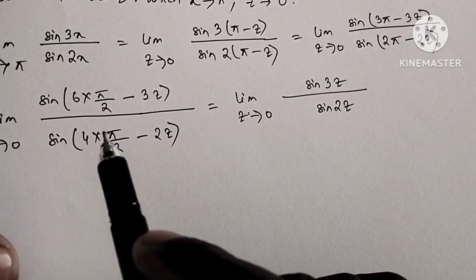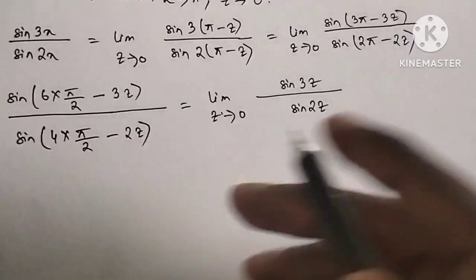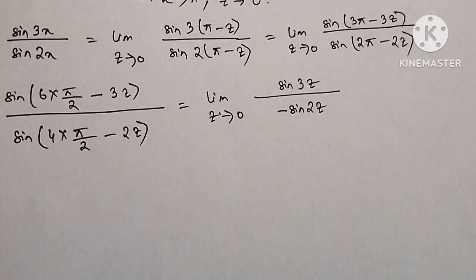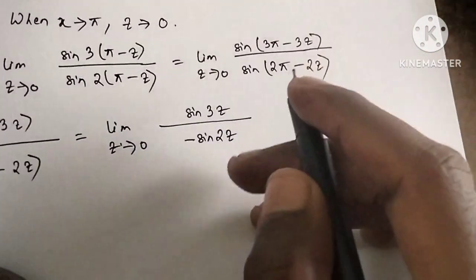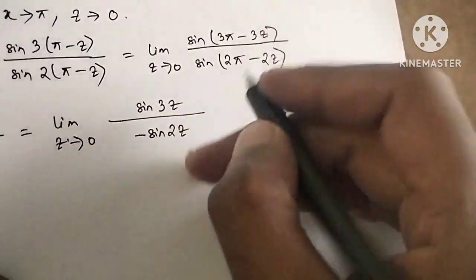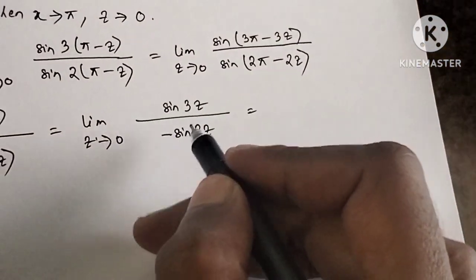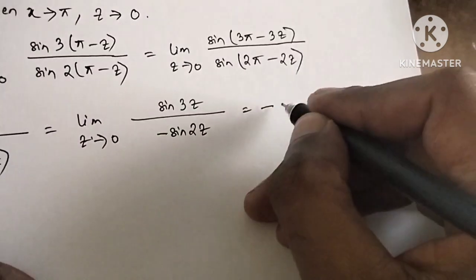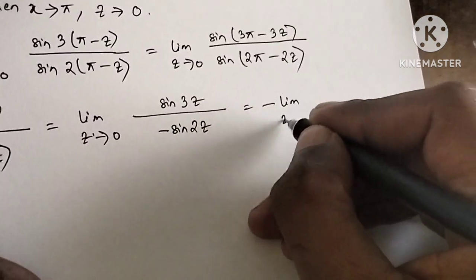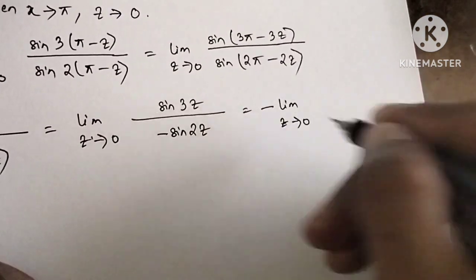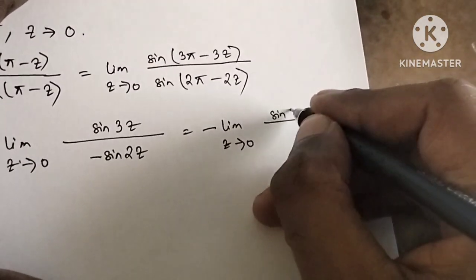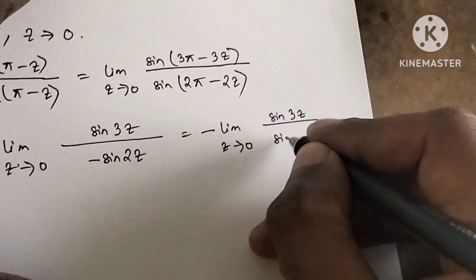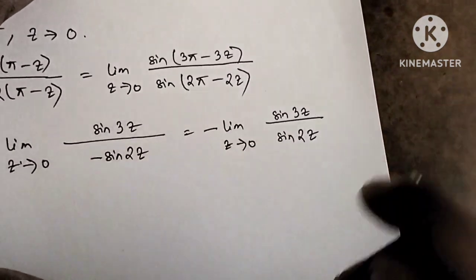It is in the fourth quadrant. In the fourth quadrant sin is negative, so here we will put a minus. So sin 3z by minus sin 2z. Clear? So this minus will come out, so minus limit z tends to 0, sin 3z by sin 2z. Clear?